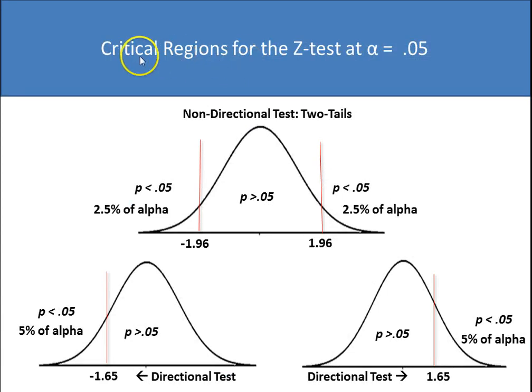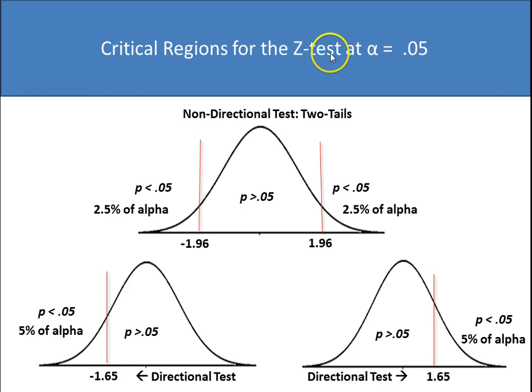So, setting then the critical regions for the z-test. We're still working on step 2, setting the critical regions or the low probability areas. We have to divide our distribution into areas of high and low probability, and we are working with the z-test.